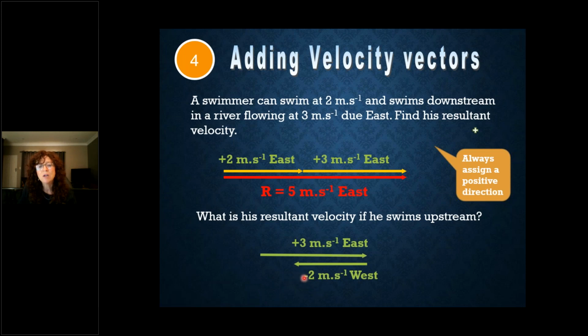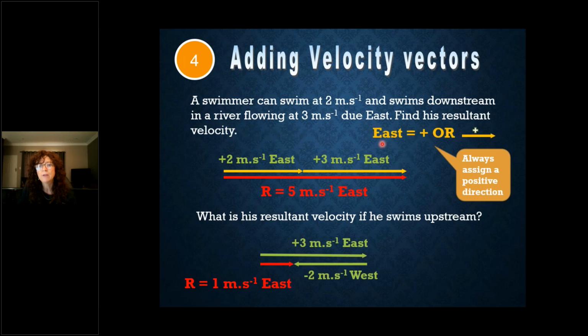But you're not going to use the minus and the west at the same time, because the minus will be for the west. That's a double indication of the direction. So please make sure that you do understand what direction you're going to use here. The resultant will therefore be 1 meter per second east, and there the direction to the right is positive, so the direction to the left will be negative.